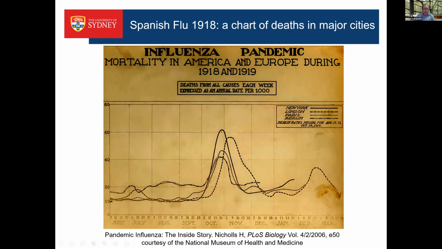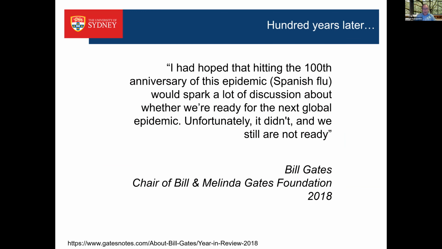So we had a look at this historical perspective, and 100 years later, in 2018, Bill Gates put this by now very famous quote. Basically he said that he had hoped that the 100th anniversary of the Spanish flu pandemic would spark a lot of discussion about whether we're ready for the next global epidemic. And unfortunately it didn't, and we're still not ready, he said 4 years ago.